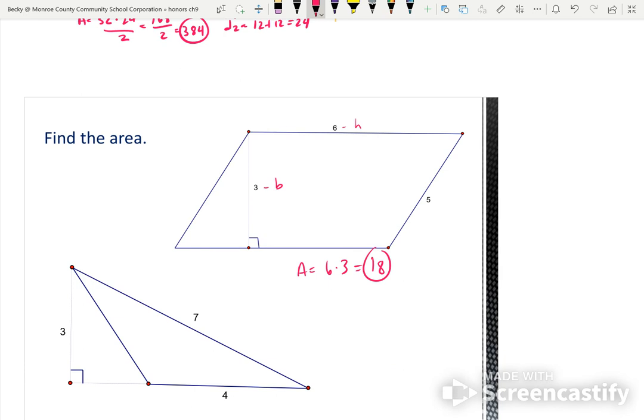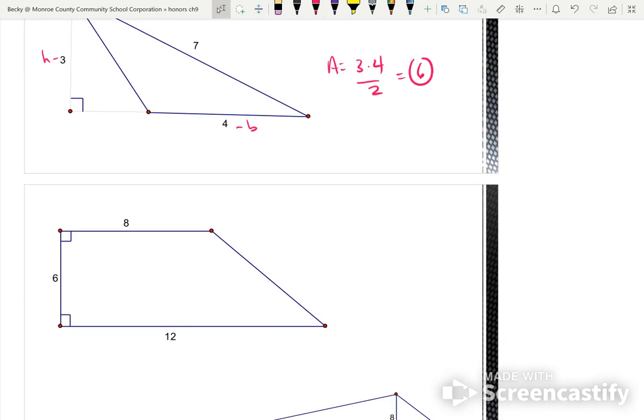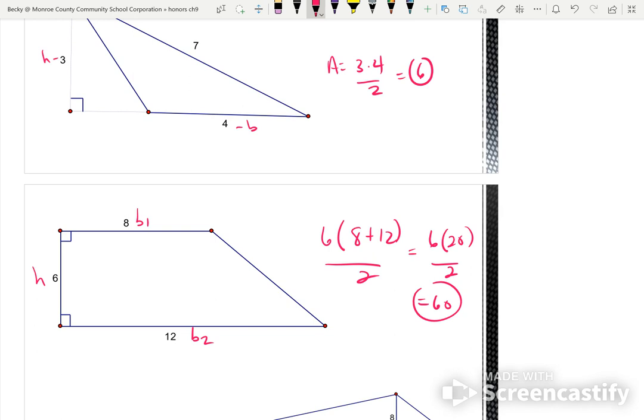For the triangle, this is my height, this is my base, so I'm going to do 3 times 4 over 2, which is 6. Now for your trapezoid, this is your height, this is base 1, this is base 2. So 6 times 8 plus 12 over 2. So 6 times 20 over 2 is 60.